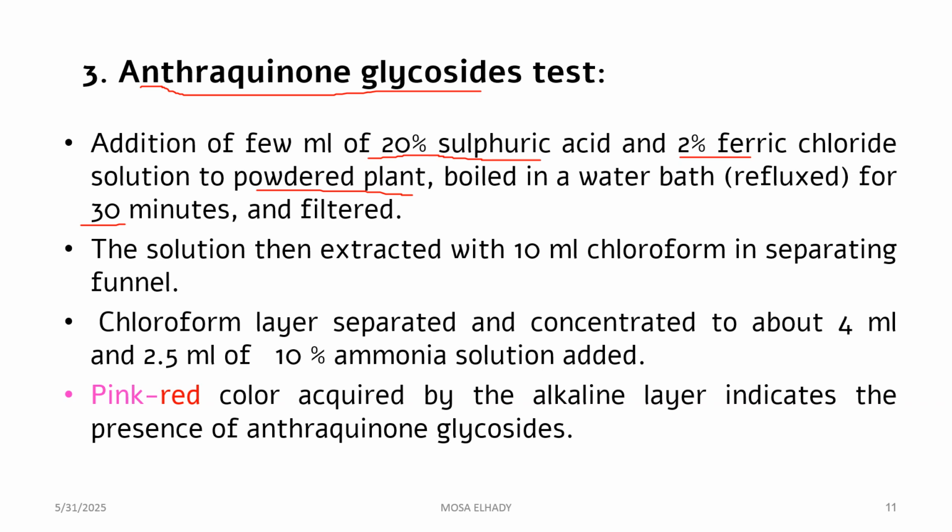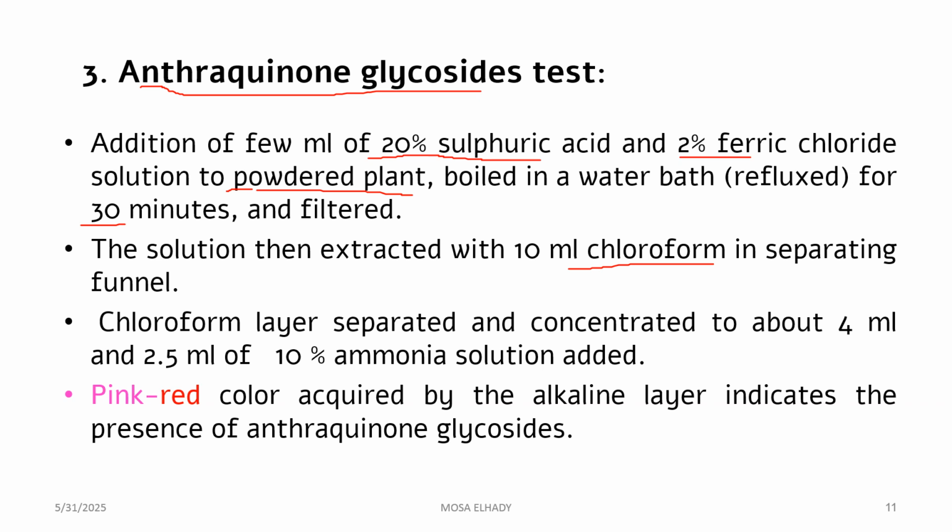We add sulfuric acid and ferric chloride to the powdered plant material first, and we reflux it or heat it in a water bath for 20 minutes. Then we are still on the preparation and extraction step. We add 10 ml chloroform in the separating funnel in order to separate the aqueous layer from the organic layer.